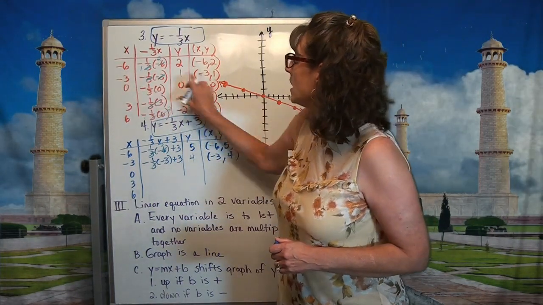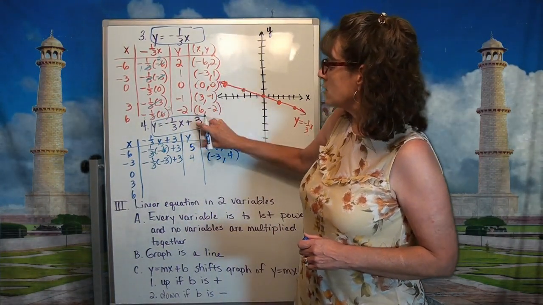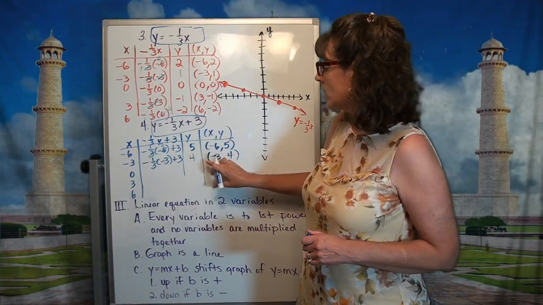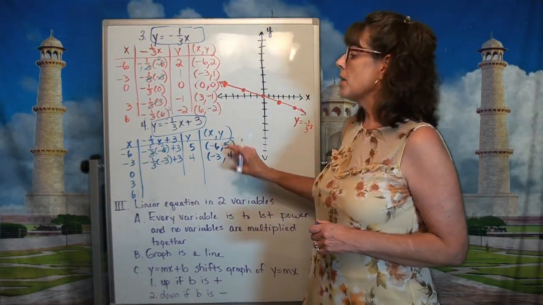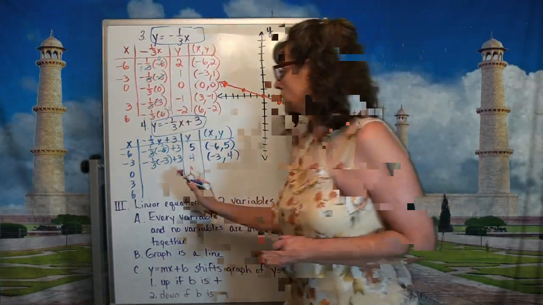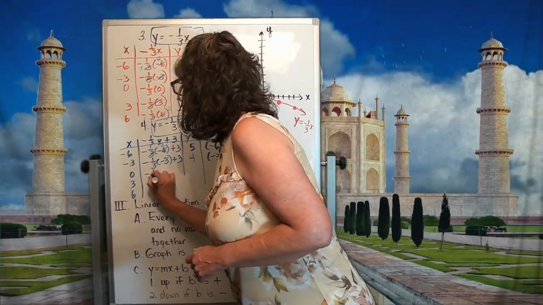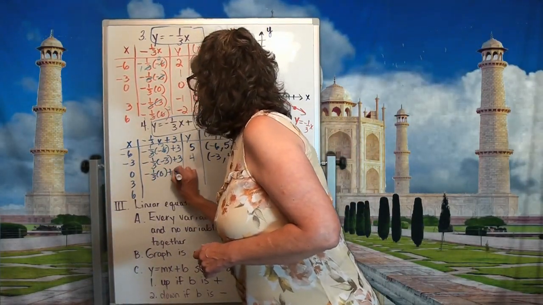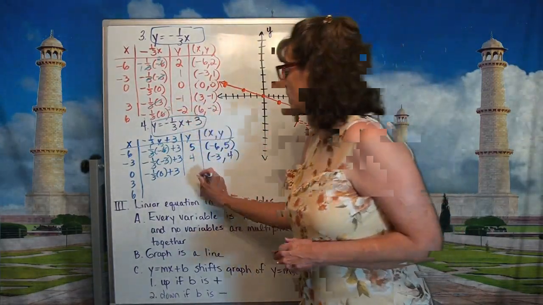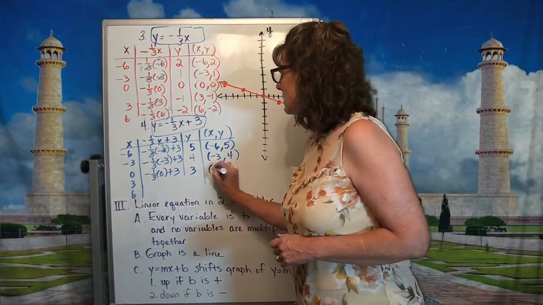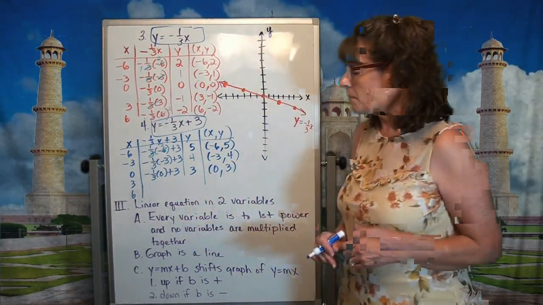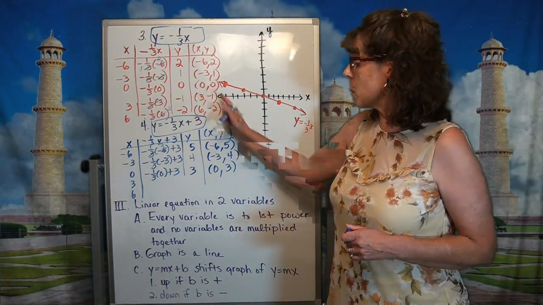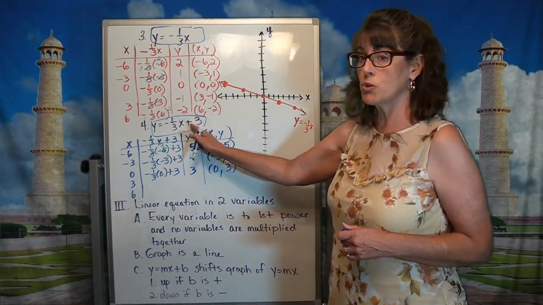That instead of getting -3, 1, because the relationship has been changed, now we're going to get -3, 4. So now let's test out our 0, and anything times 0 is 0, which is what we got before, but now we're going to add a 3 to it to give us 0, 3. Again, used to be 0, 0, now it's 0, 3 because of the new relationship.